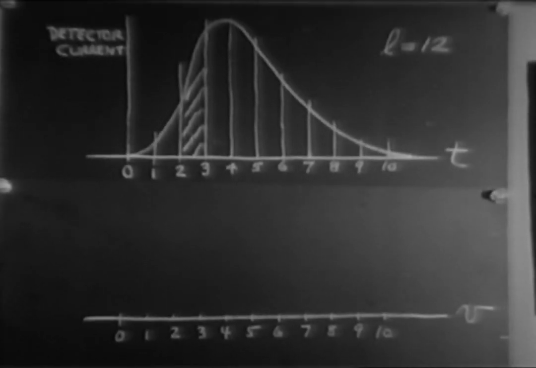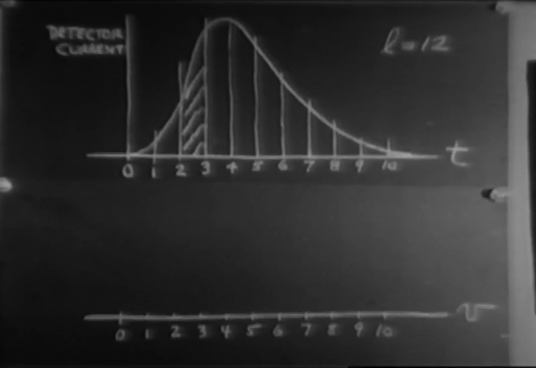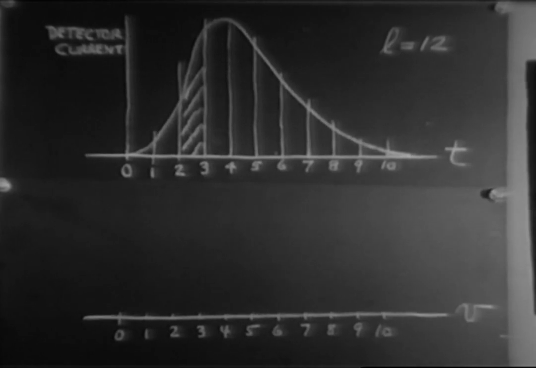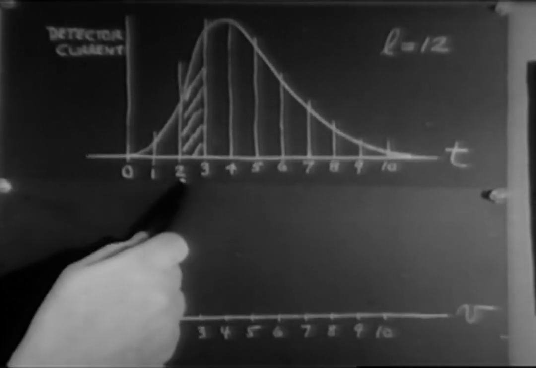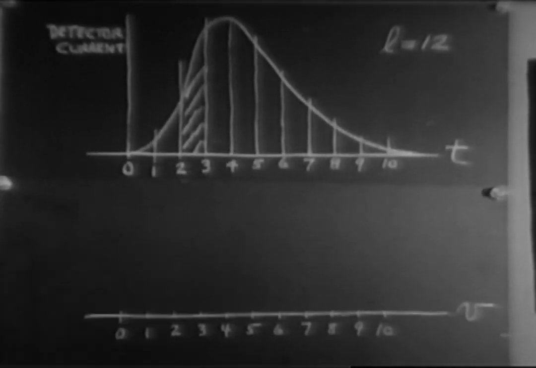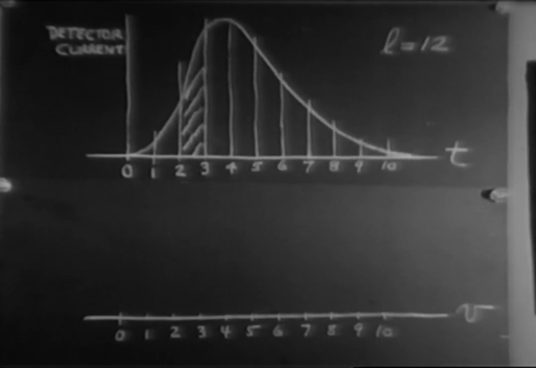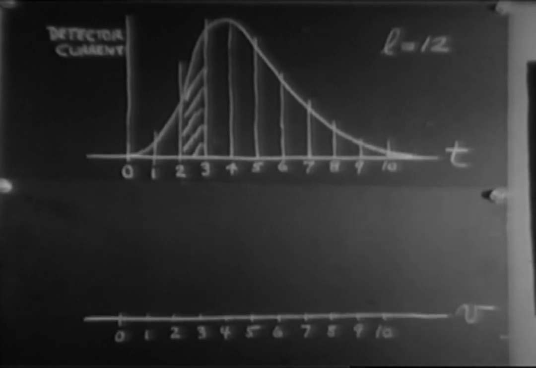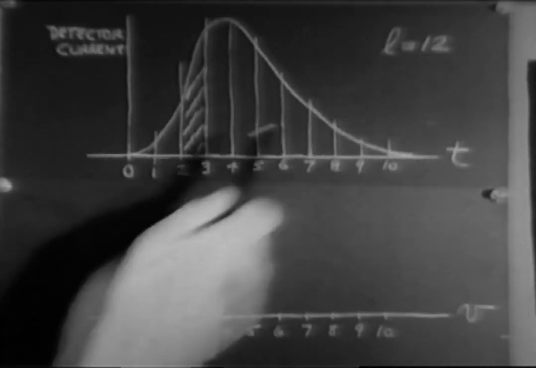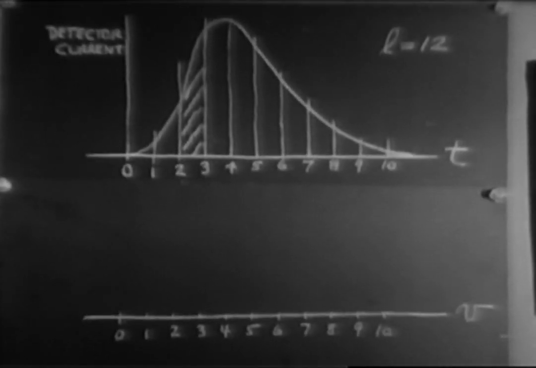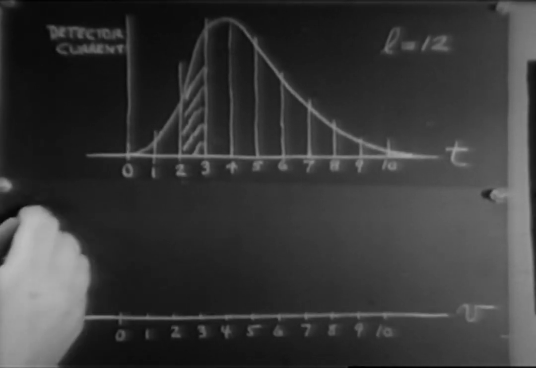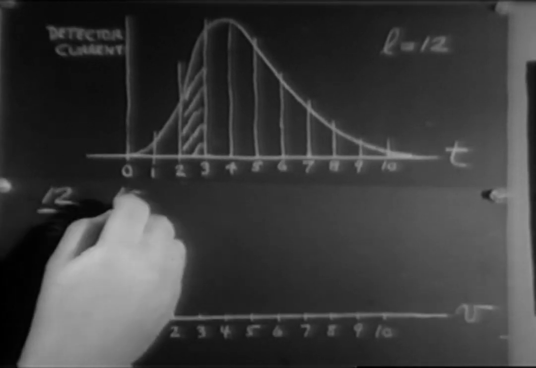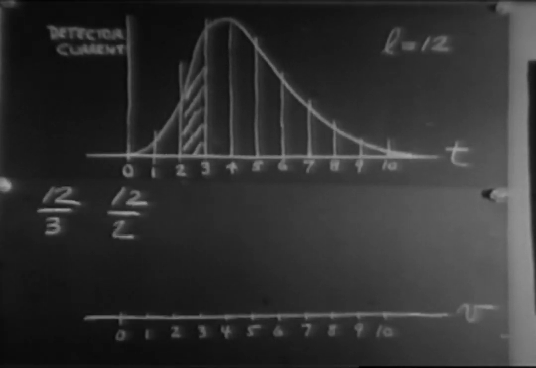Here's a sketch of the pulse. I've divided it into 10 time intervals. Let's consider the time interval between t equals 2 and t equals 3. If the distance between the drum slit and the detector slit is 12 units, then all the atoms in that time interval must have velocities lying between 12 over 3 and 12 over 2, 4 and 6.